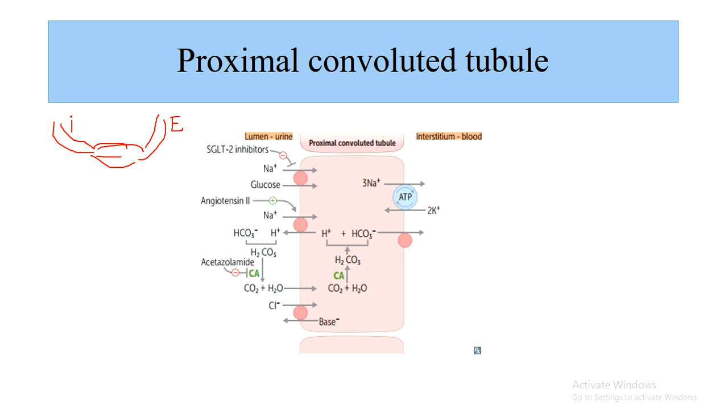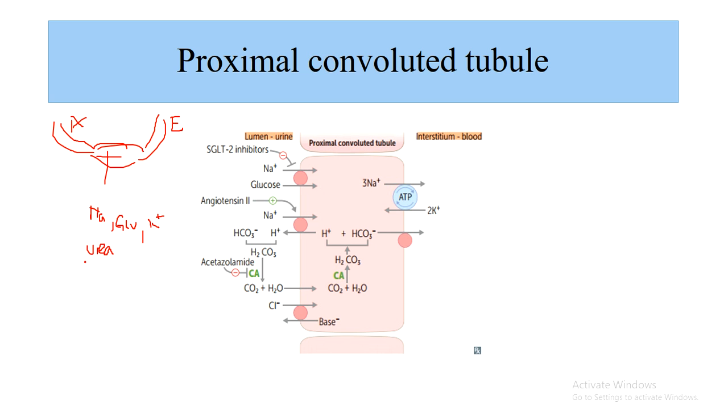So as you have the afferent, there is some sodium which comes out. There is some glucose which comes out. There is some potassium which comes out, and there is some urea which comes out.